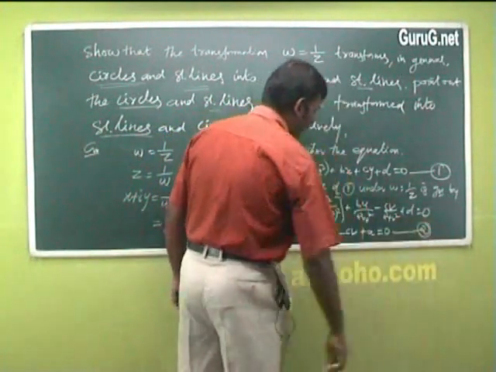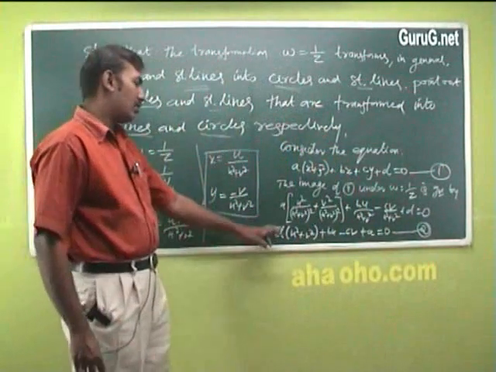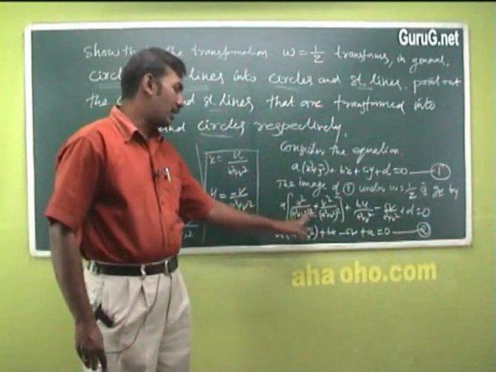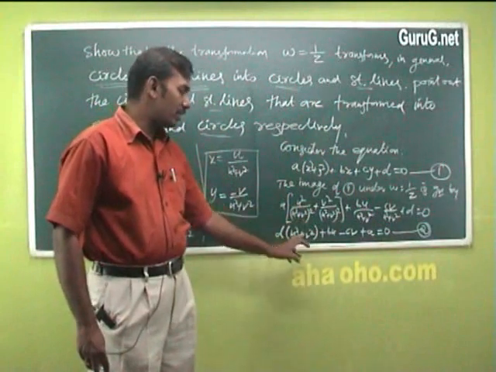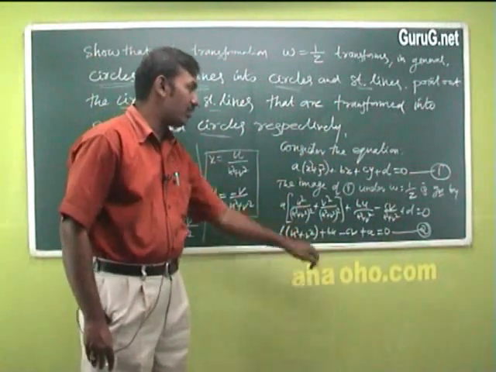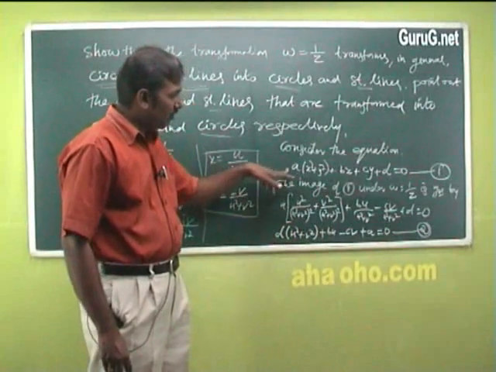Take it as equation 2. LCM எடுத்தீங்கன்னா numerator வந்து 1 ஆயிரும், denominator வந்து U square plus V square கிடைக்கும். This equation is nothing but the image of 1.